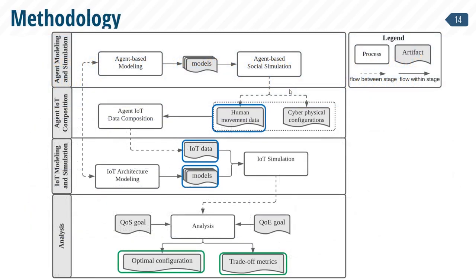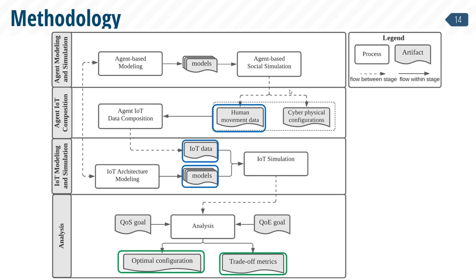Our approach involves 4 layers. The first layer deals with the modeling and simulation of different agents using the agent-based modeling and agent-based social simulation approach. The agent-based model of Internet of Things system consists of 3 classes of agents. The first is, of course, human agent.